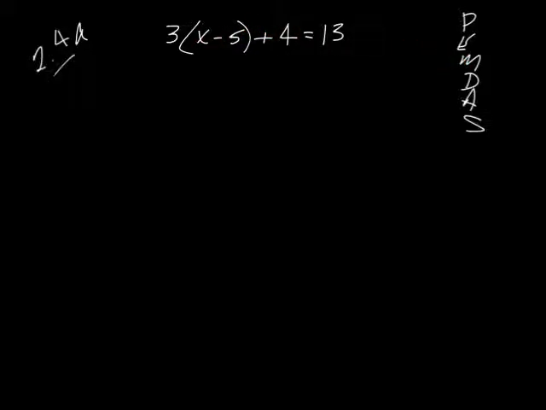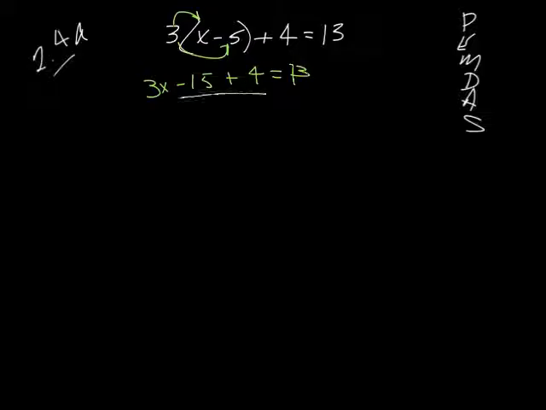So I'm going to do my multiplication, and I'm going to distribute this 3 here and there. So 3 times x is 3x. 3 times negative 5 is negative 15. It might help to put a 1 in front of my 3 there.